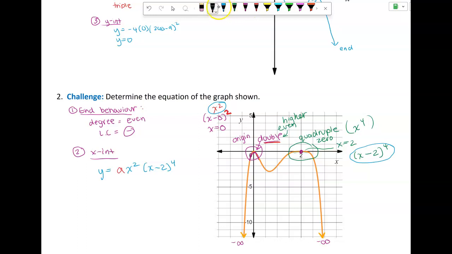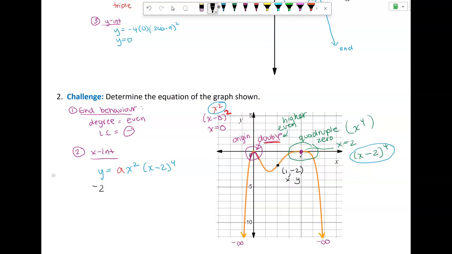Why don't I use this point right here? There's a point here at, if I look at the scale, that's 1 for x. And down here, this is going by 1, so that would be -2. So 1, -2 is a point on the graph that's not one of these x-intercept points. So I'll use that as my x and my y.